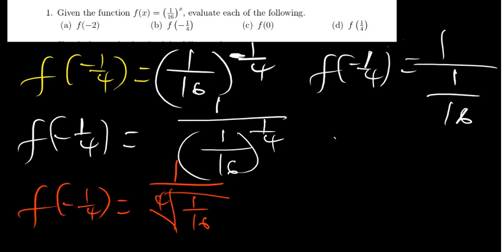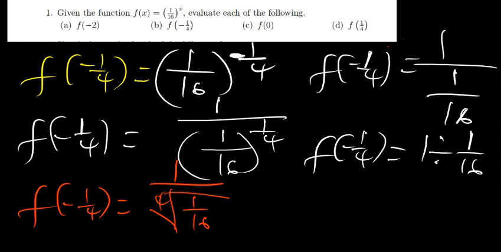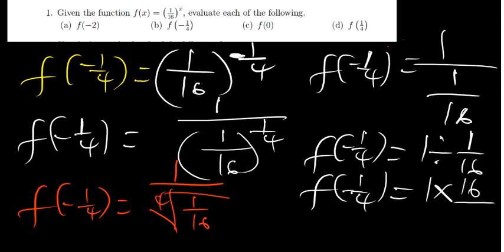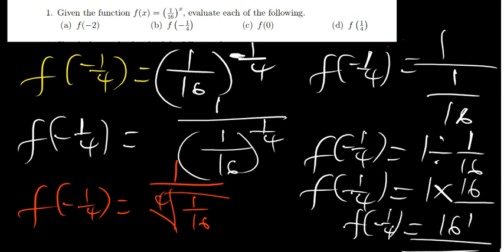As we can see, this is the same as 1 divided by 1 over 16. I do what I did in part A, where I said 1 times 16 over 1. So my f of negative 1 over 4 is equal to 16. As simple as that. So in that case, B, 16 is the answer.